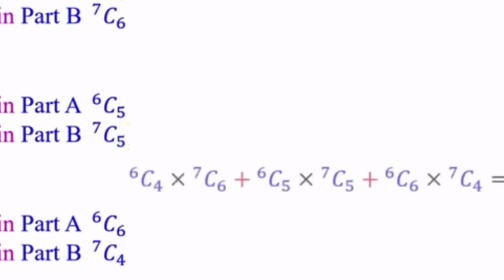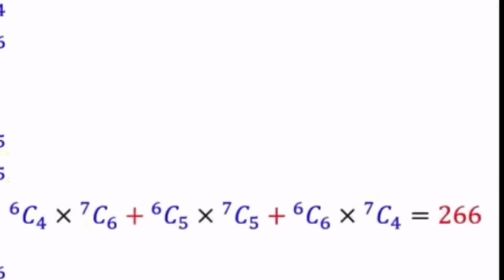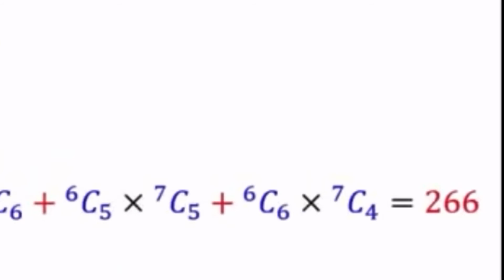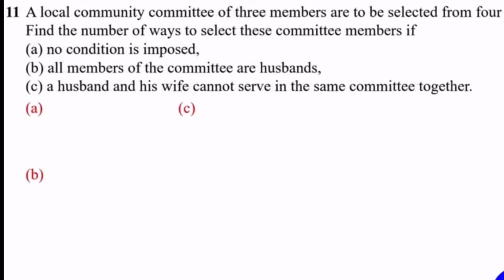Or we can have case 3, so we multiply 6C6 by another 4 questions, 7C4 from part B. The total number of ways is case 1 or case 2 or case 3, so we need to add up all the answers. The final answer is 266 ways.